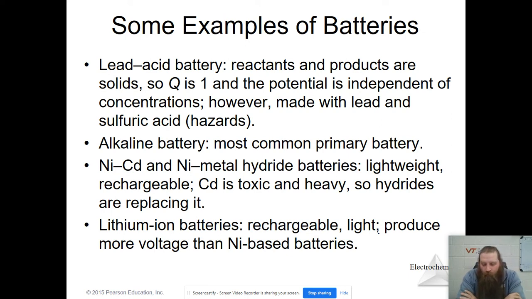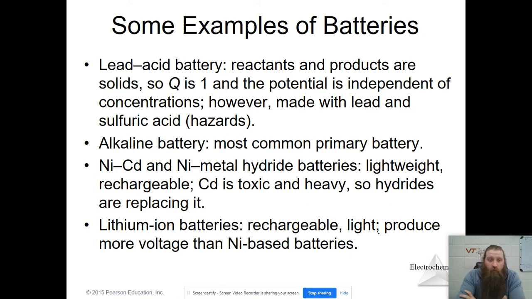There are 4 main kinds of batteries we want to be familiar with. Number 1 is the lead-acid battery, which uses solid reactants and produces solid products. This is really great because that means Q is going to be 1, because we don't include solids in our reaction quotient. That means the EMF is going to stay pretty constant as the battery discharges.